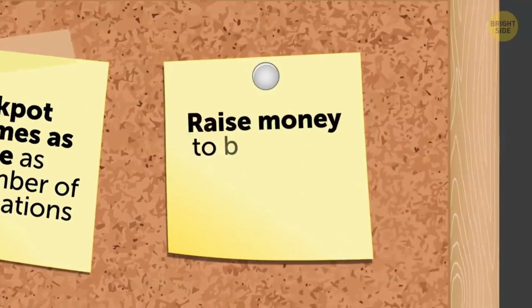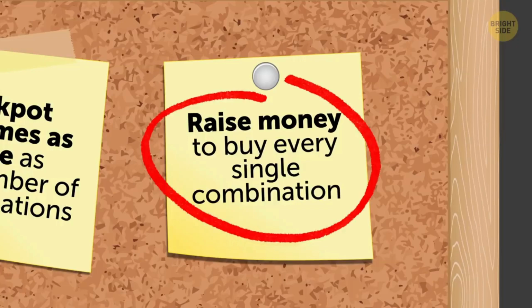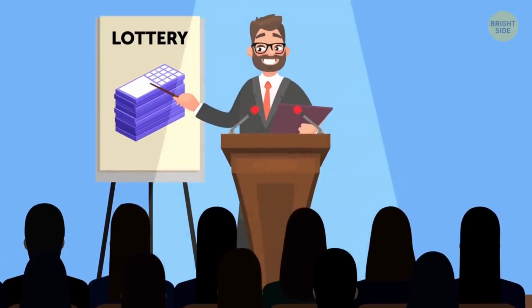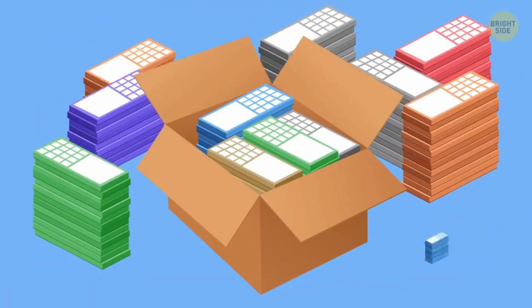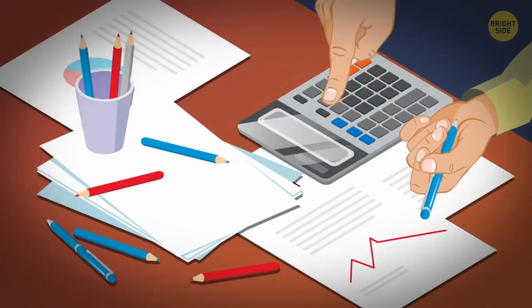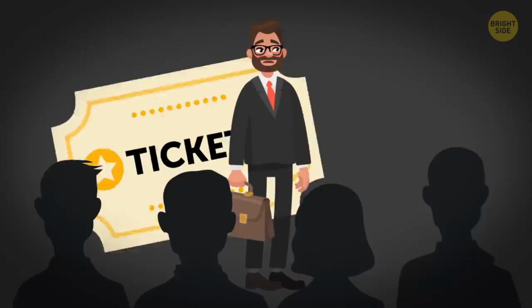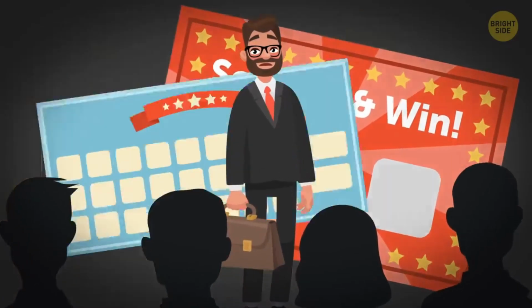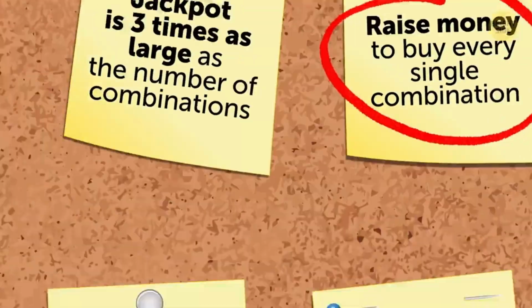Third, he'd raise money to buy every single combination. This was the toughest part of all. He would convince people his method worked and persuade them to sponsor his venture by buying as many lottery tickets as they could afford and sending them to him. He promised to share the winnings among the investors and himself. So after a while, his ideas got popular enough to attract hundreds of backers willing to win some part of the jackpot.